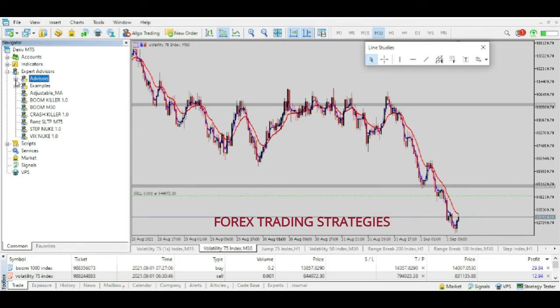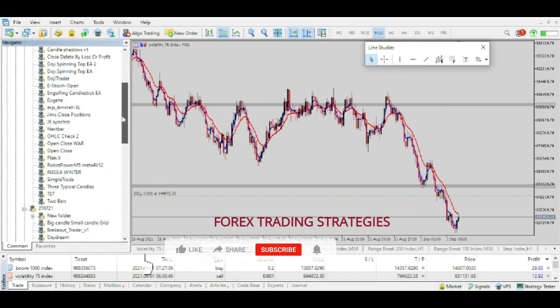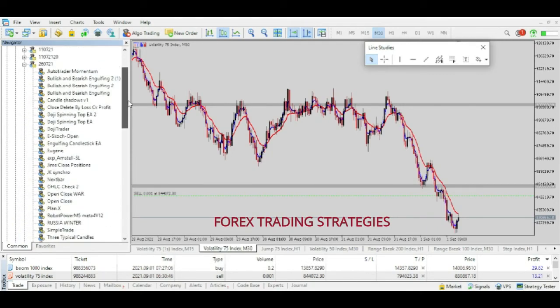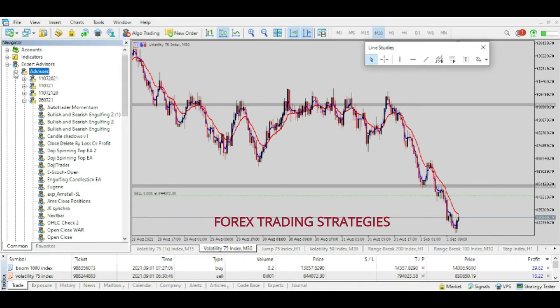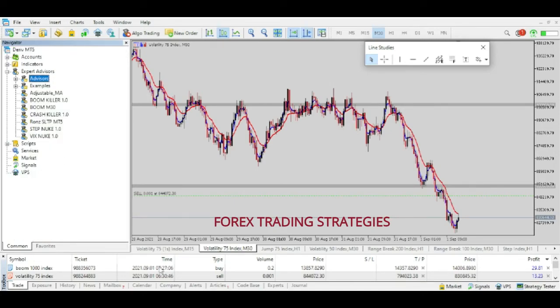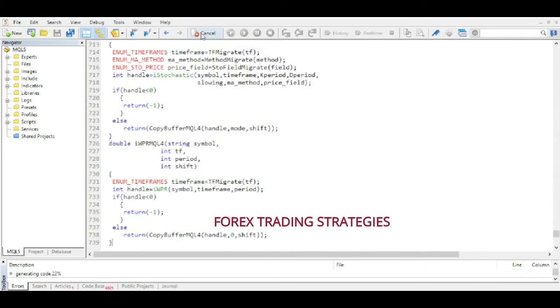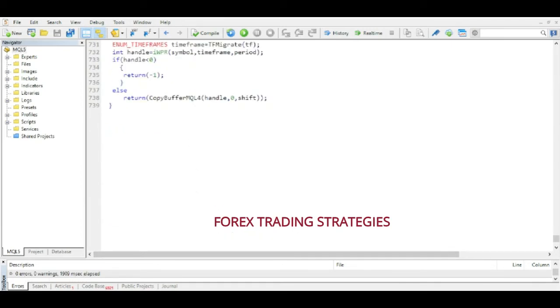What we want to do is to actually compile it. So let's go in there and we click compile or F7. We compile it. You see it's generating, 0 errors, 0 warnings, and our code is fine.